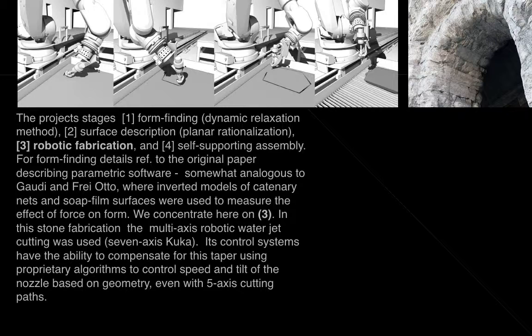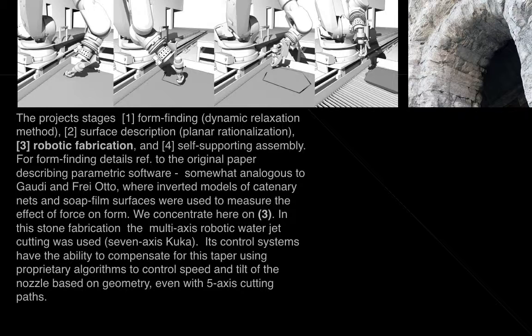The work of form finding refers to an original paper describing parametric software somewhat analogous to work of Gaudi and Frei Otto, where inverted models of catenary nets were used in soap films.